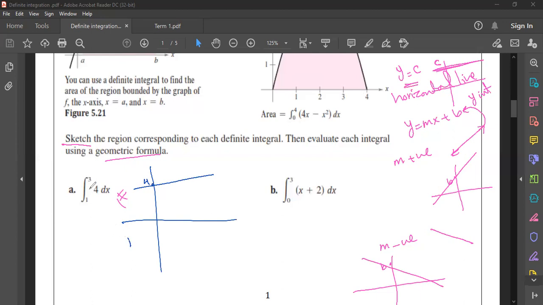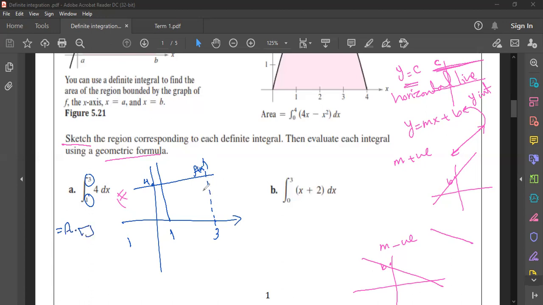Okay, I'd like to find the area bounded by this function and two vertical lines, x equal 1, x equal 3, like this. So the value of this definite integral equals what? The area of a rectangle. Why?